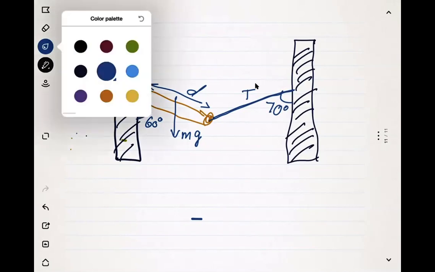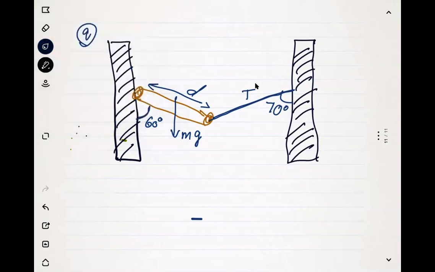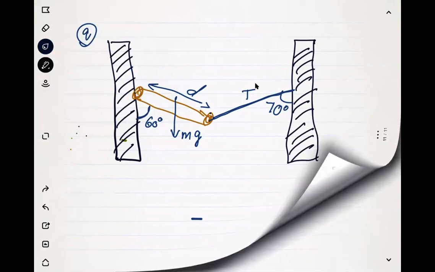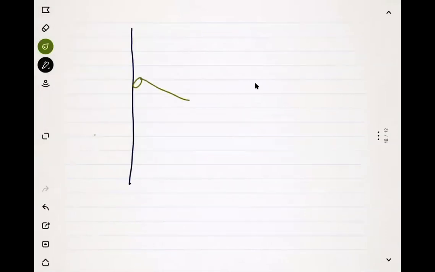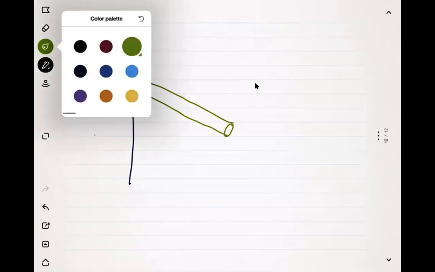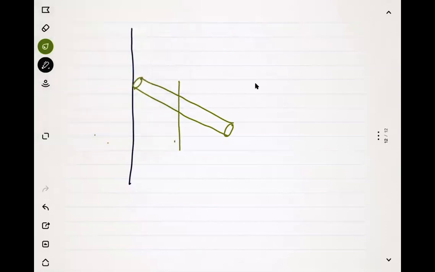To find the angles, you should draw references at the point of action of forces. For example, if I redraw this drawing again to find the moment of the weight and the moment of the tension, this is the position of the rod. And with this rod, this is the weight.